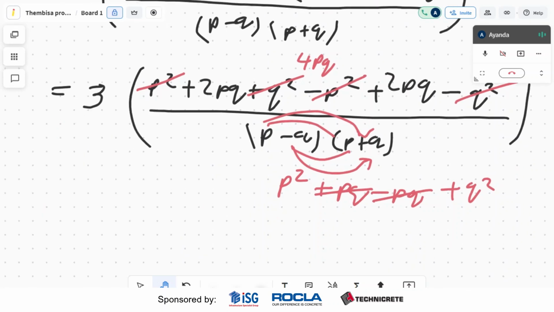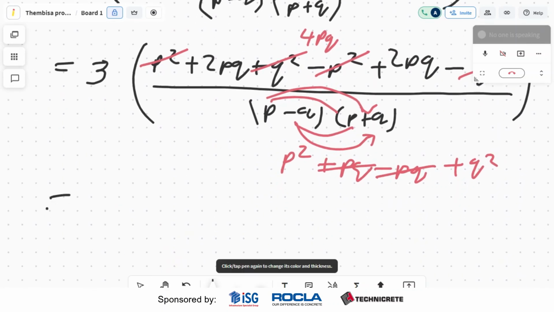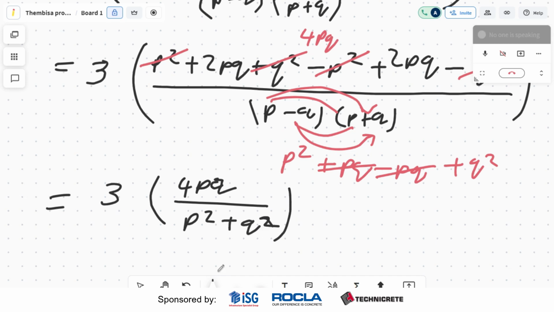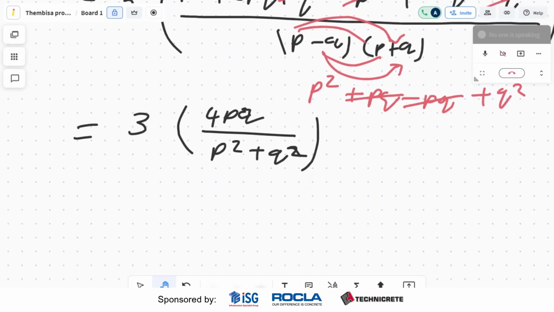So here we go to our final answer. That's going to be 3 times 4pq over p² + q². Oh, this is supposed to be minus q², because it's minus q times q.